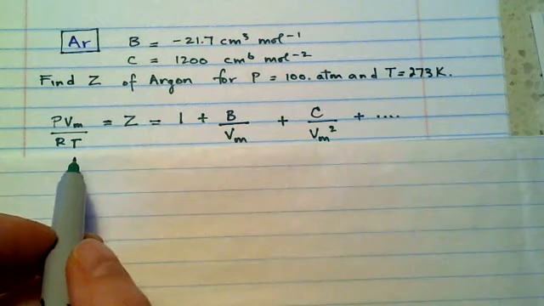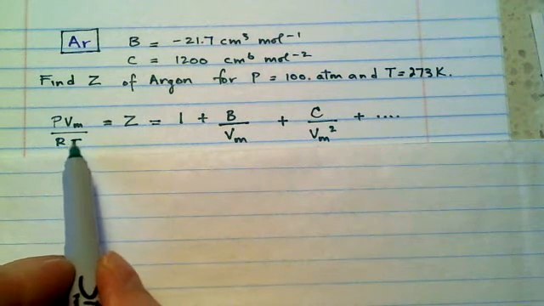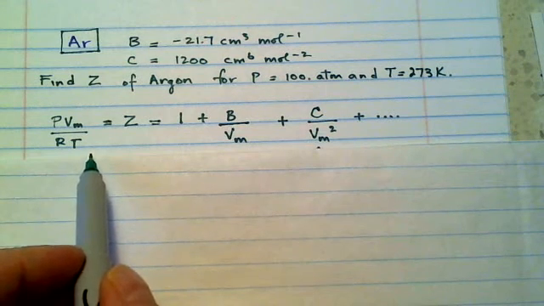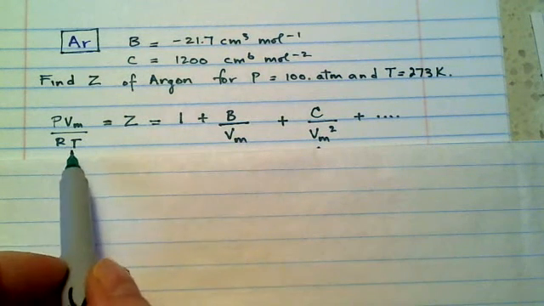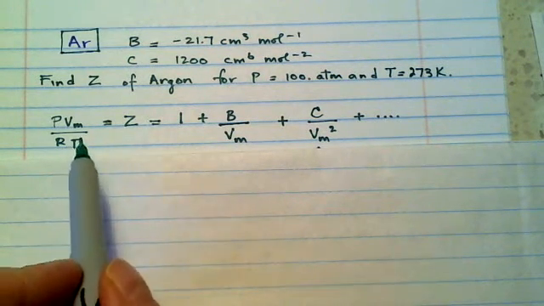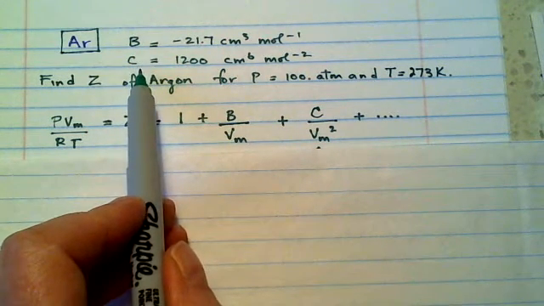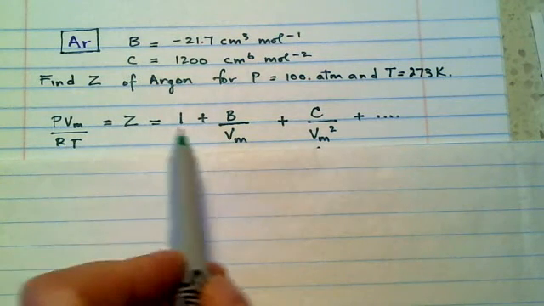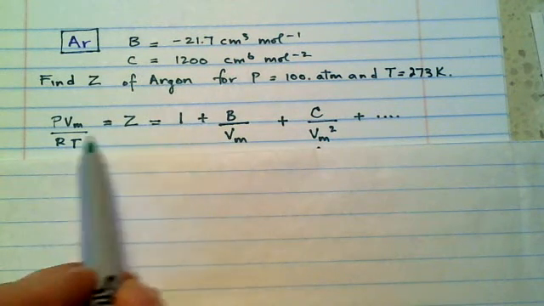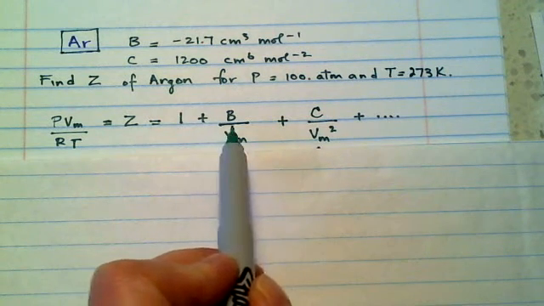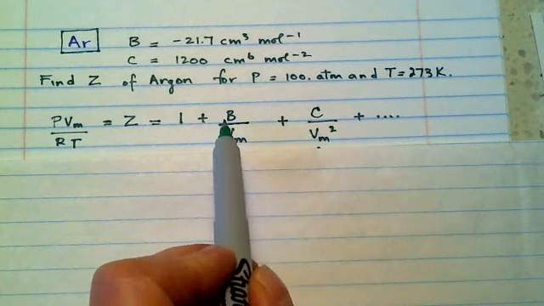Okay, so we've decided that this is the virial equation. The virial type equation is the one that uses molar volume. Just as a note, if B prime and C prime were given, and those are coefficients of pressure, then this would look a little bit differently. It's still PVM over RT is equal to Z. Of course, it's equal to 1 plus, and that's where the tweaking comes in.